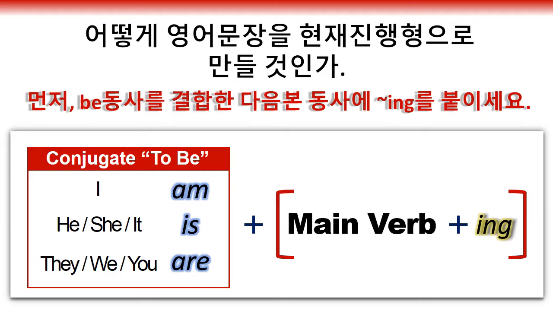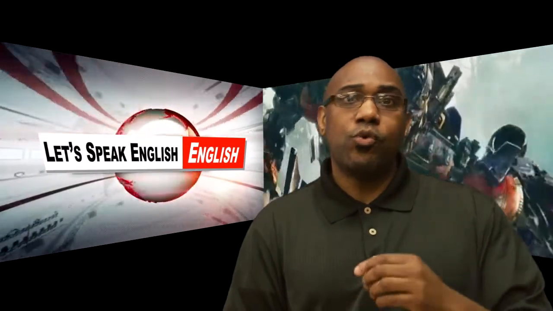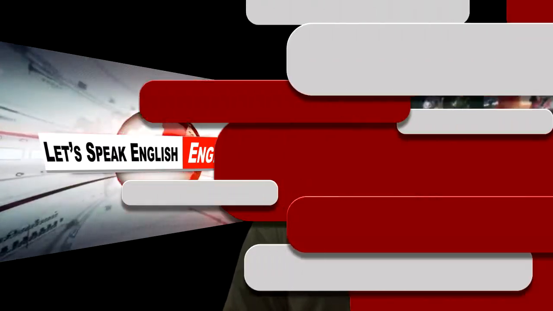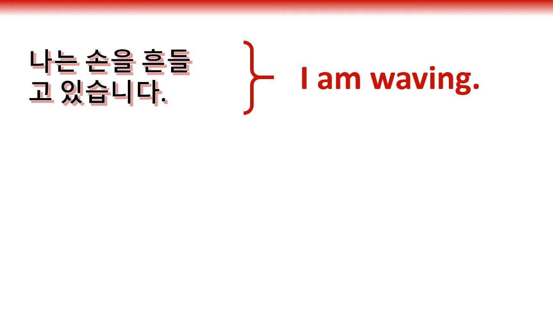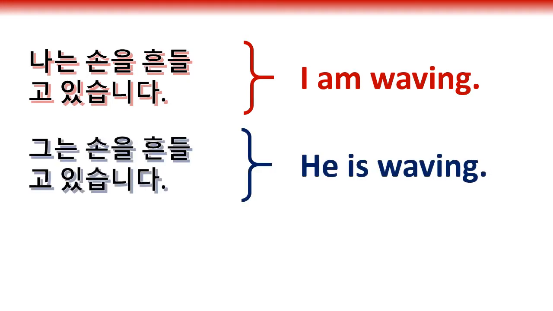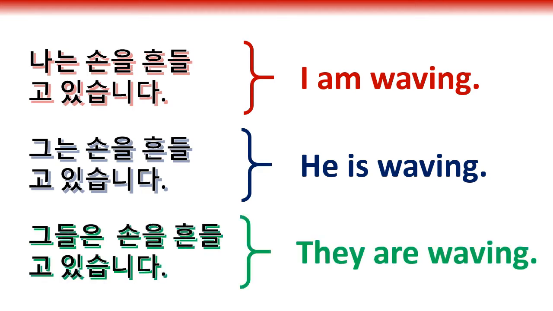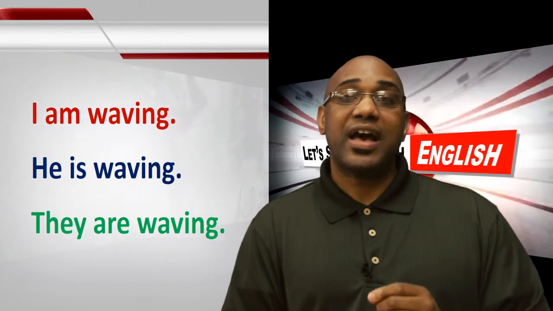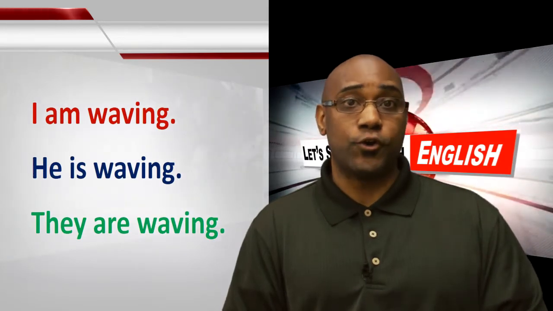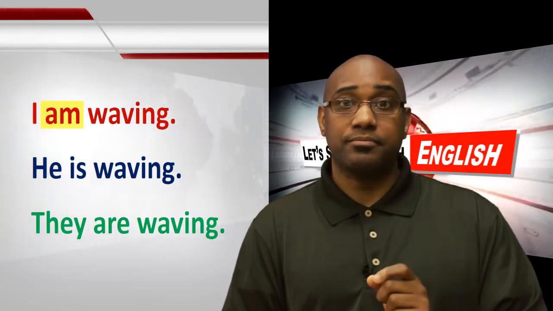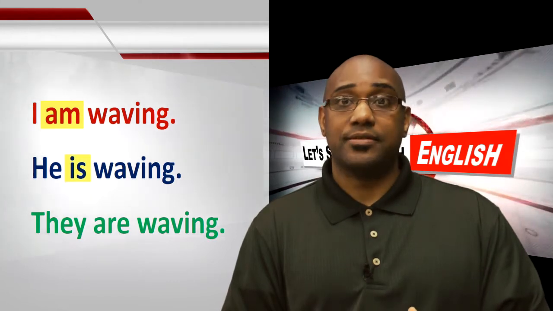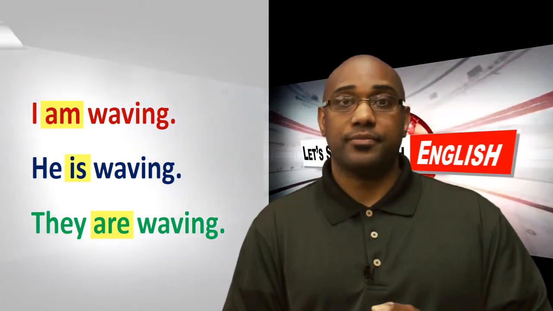Let's look at a few examples. If we go back to our three sentences and we want to translate them into English, we would write, I am waving. He is waving. They are waving. In each of these sentences, we've conjugated our to be verbs into am, is, and are.